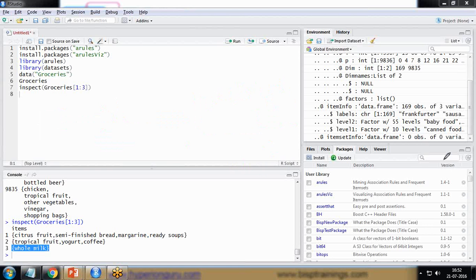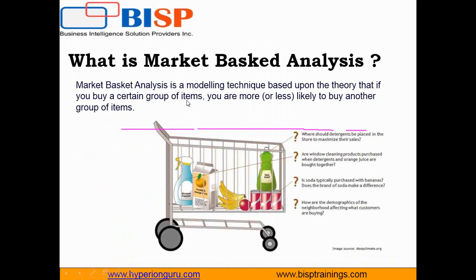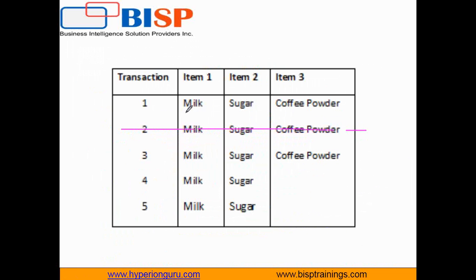So in the data set which I have shown you, the support of if milk and sugar then coffee powder is 3/5. If we look at this data set, milk and sugar is one rule, and along with this rule we have one other item, coffee powder.